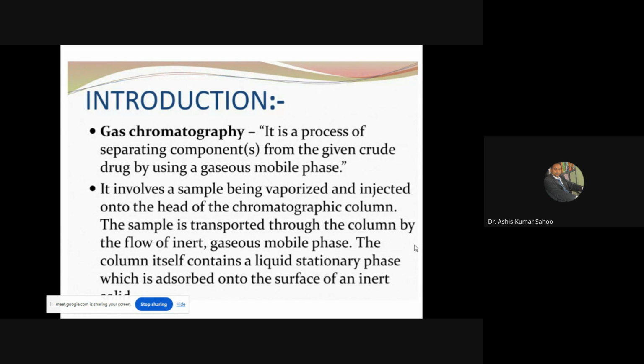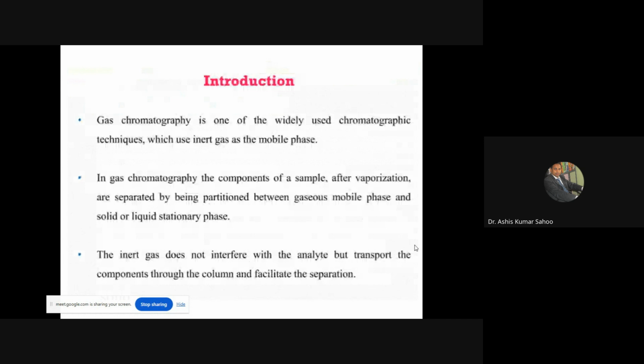So you can see on the slide the different phases we take. Gas chromatography is one of the widely used chromatography techniques which uses an inert gas as the mobile phase.